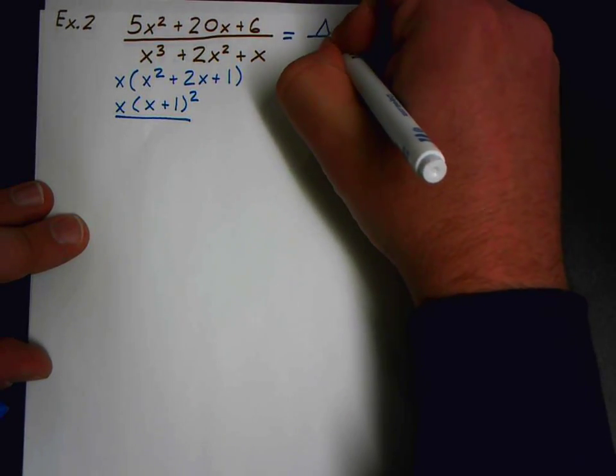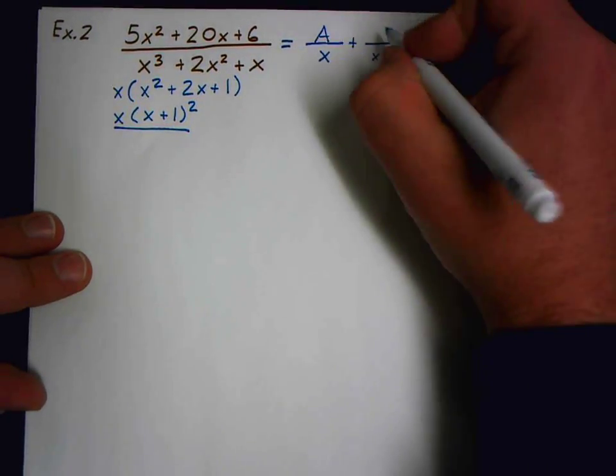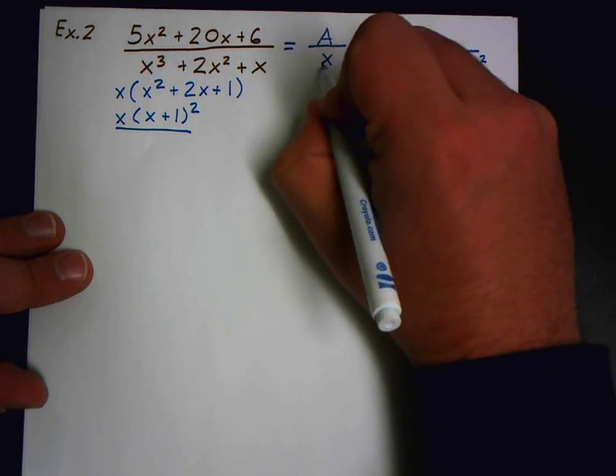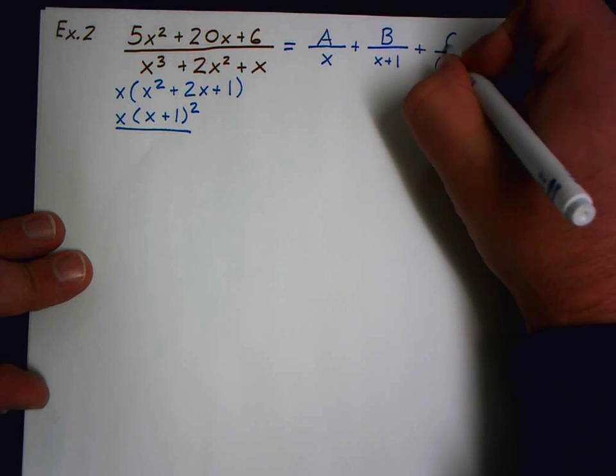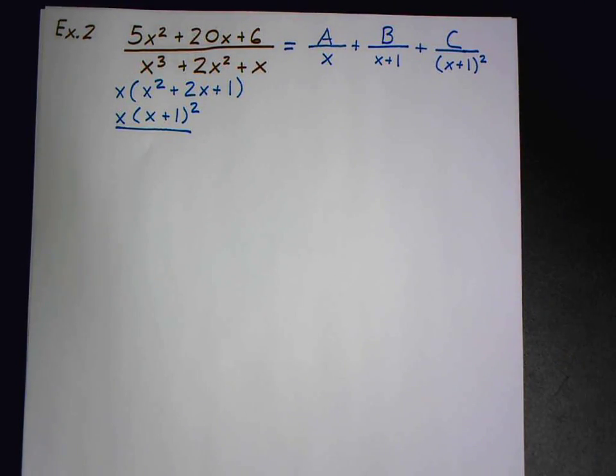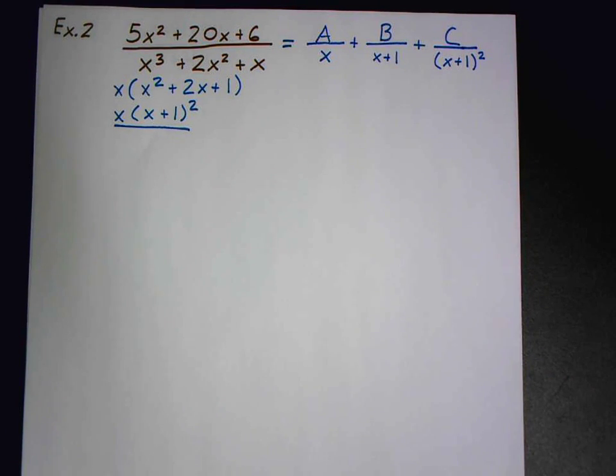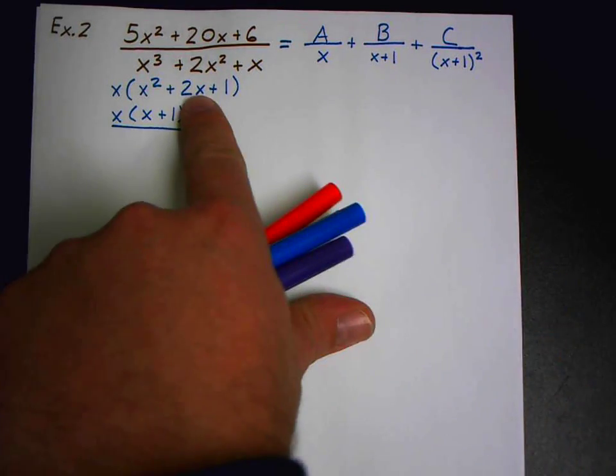So if you didn't have an exponent, you wouldn't have to do that. This x, I wouldn't have to do that. The x is there because it's one of the factors, not because of the x plus 1. So where did the x plus 1 come from? I factored this.